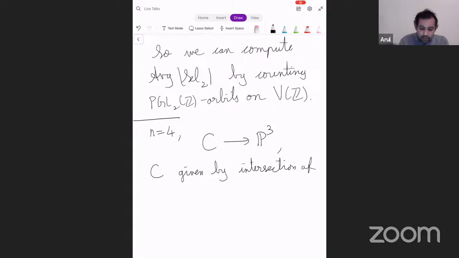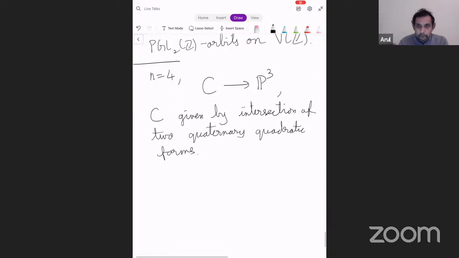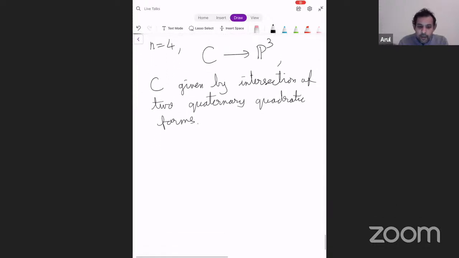So the intersection of two quaternary quadratic forms. In particular, I can represent those forms by their Gram matrices. So I can represent this pair of forms as (A, B), where both A and B are symmetric 4x4 matrices.